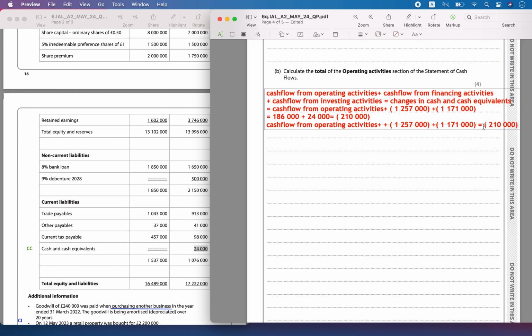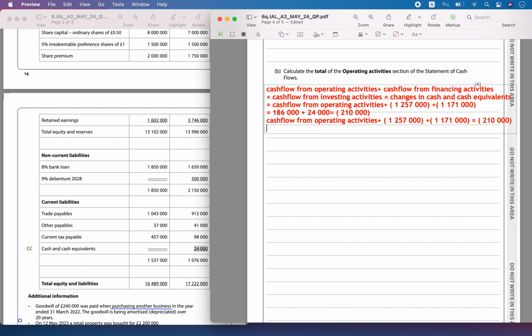so that is equal to negative 210,000. So from this you calculate the cash flow from the operating activities, that is equal to 1,257,000.